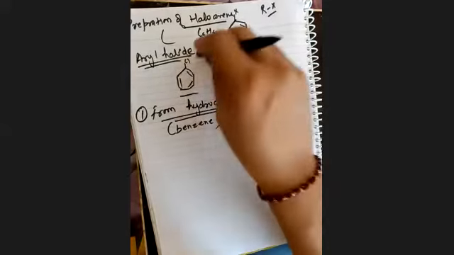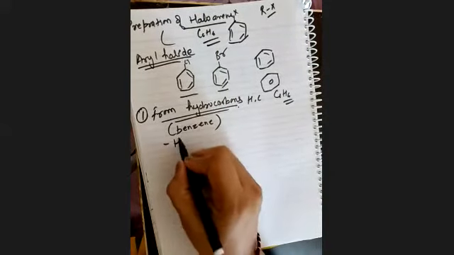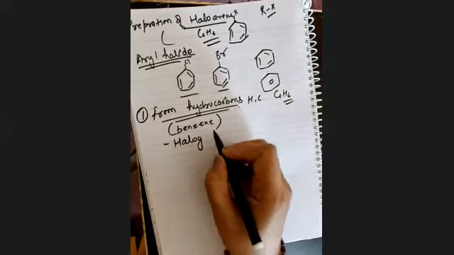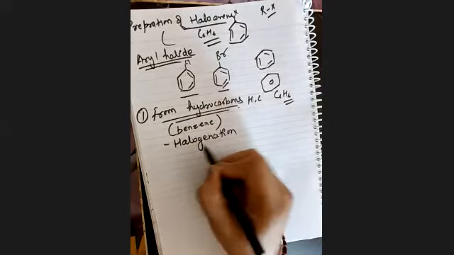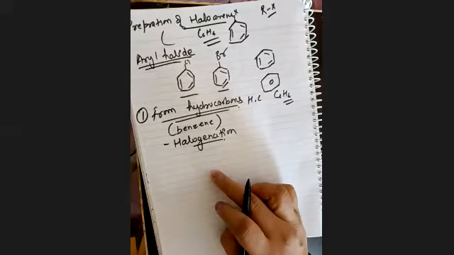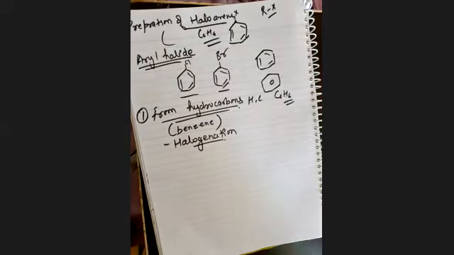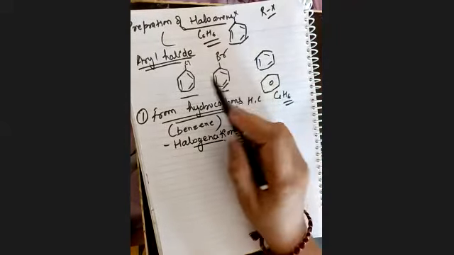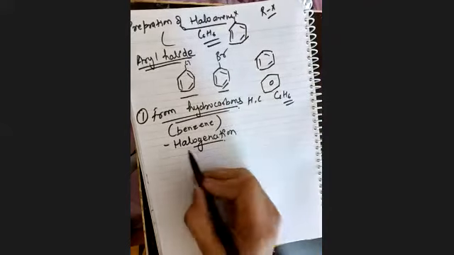Okay, so what do we have to do to form an aryl halide? We have to do halogenation. Halogenation means adding a halogen, or substituting a halogen, into the benzene ring. So to prepare aryl halide from the benzene ring, we need to do halogenation.